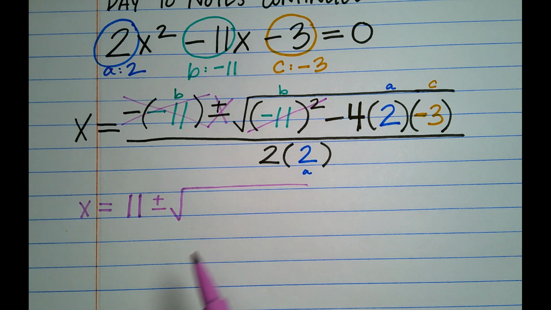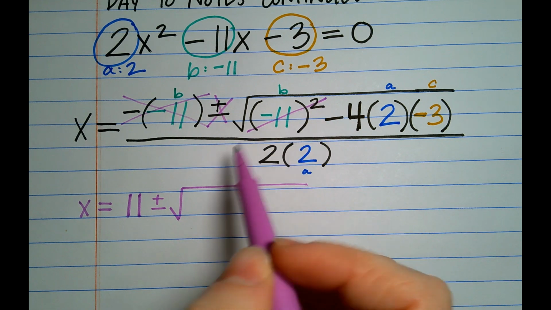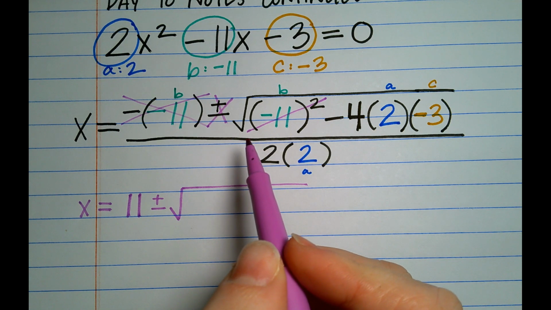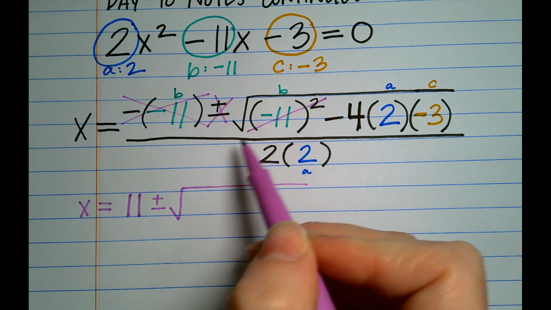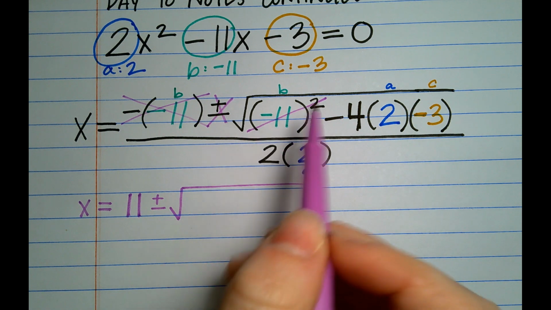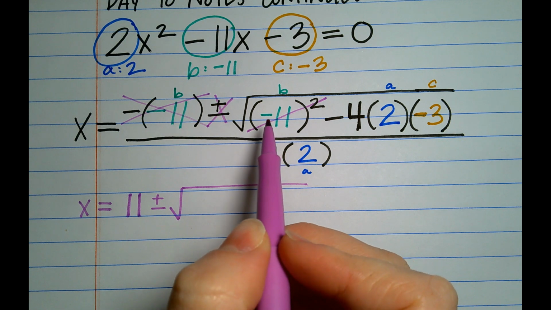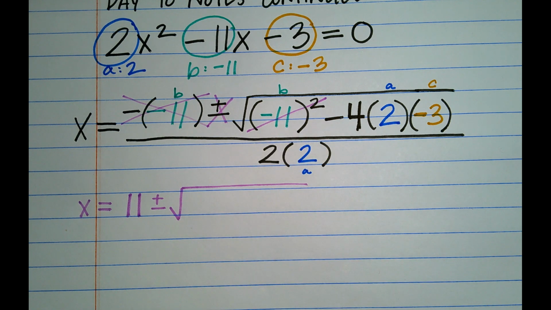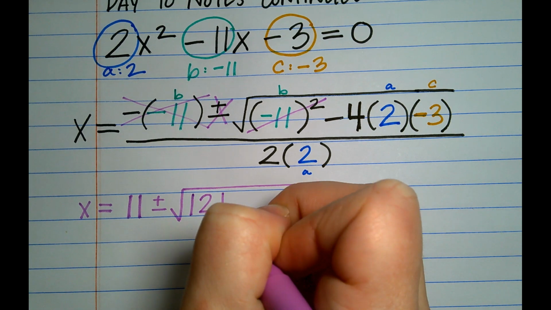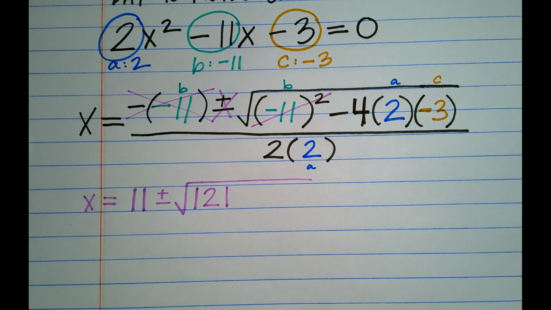Positive or negative? Positive. Will this number ever be negative? No, never. You cannot square a number and get a negative answer. If you do, it is wrong because it is always positive. If you multiply a negative times a negative, you get a positive answer. So that first number is always positive. We have 121.